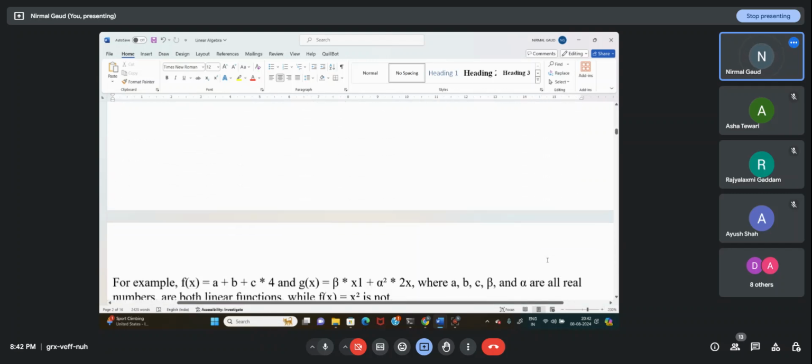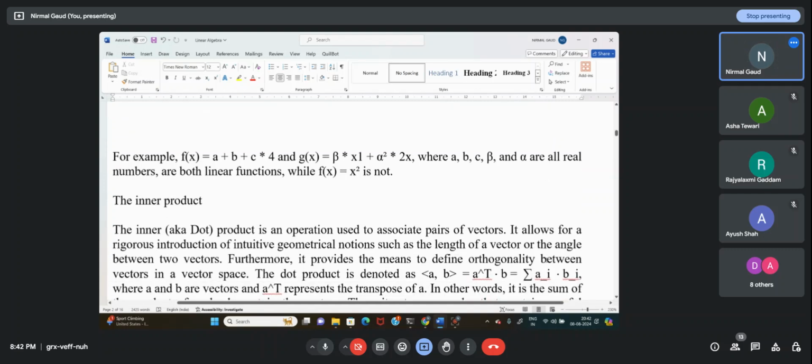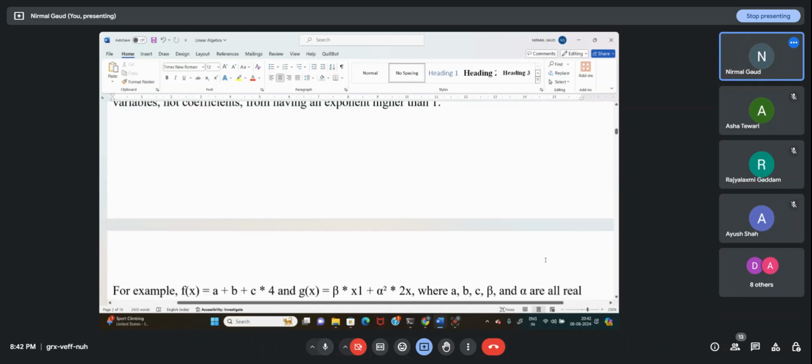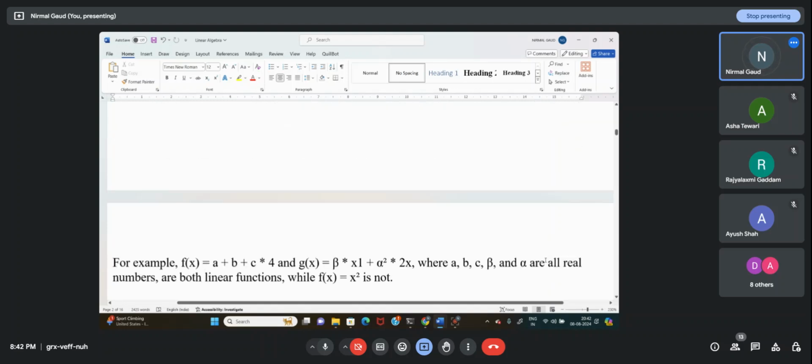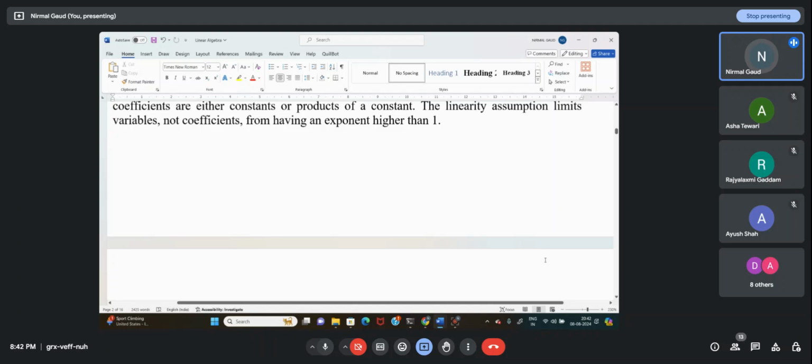Okay, fine. So this is what a linear function is. Yesterday also I told you about the linear function. All right, ax plus by plus cz equal to d. This is linear.